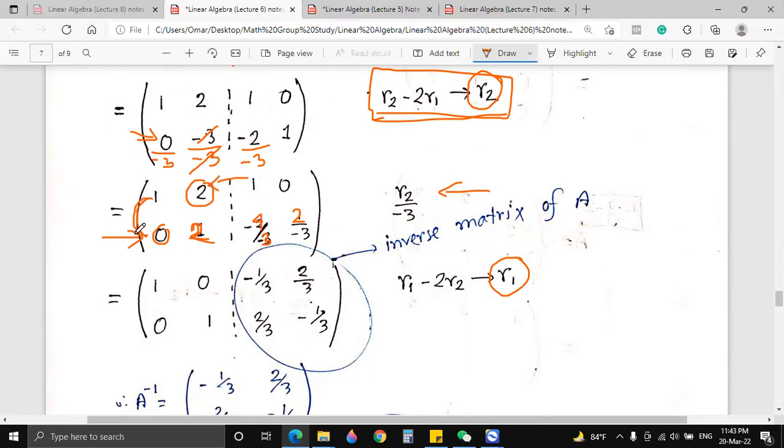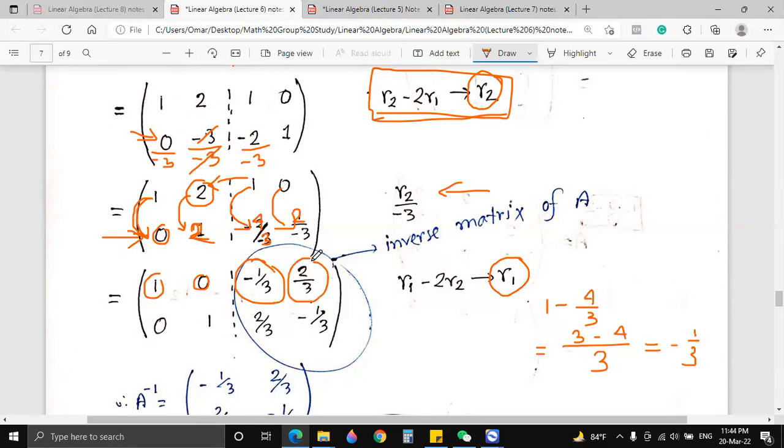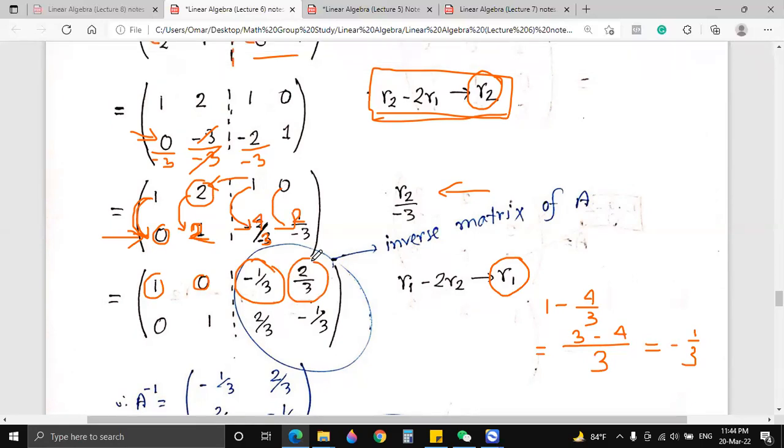So 1 minus 0, that is going to be 1. 2 minus 2, that is going to be 0. 1 minus 4 by 3, that means 3 minus 4, that is going to be minus 1 by 3, okay? So I write down here minus 1 by 3. And then 0 minus minus 2 by 3, that will be 2 by 3.